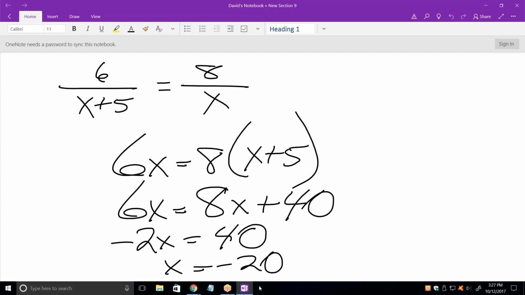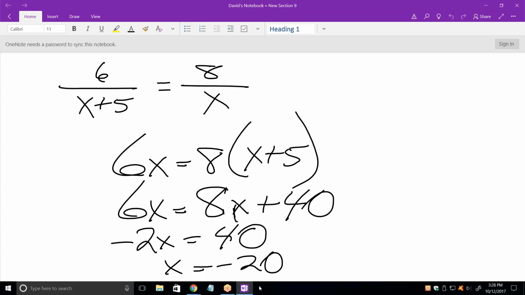Now, let me just say something about that. You subtracted 8x from both sides. I would have subtracted 6x from both sides. The reason is that I want my variable to have a positive coefficient.